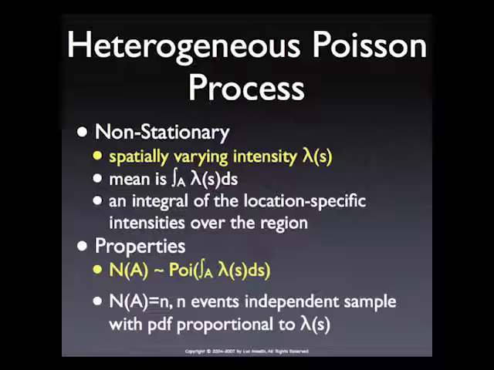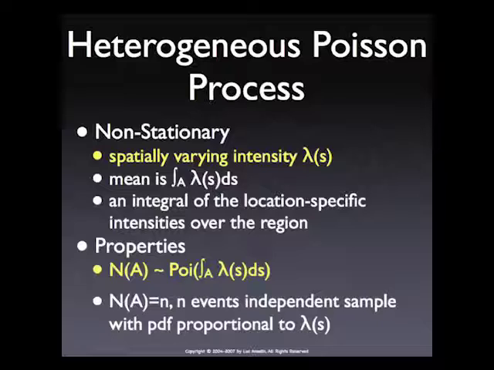That's actually how you do it with a computer. So think of it as each tiny little area having a different intensity. How do you get the intensity of the whole area? You just add them all together, and that's what you get. So essentially the mean is an integral of the location-specific intensities.